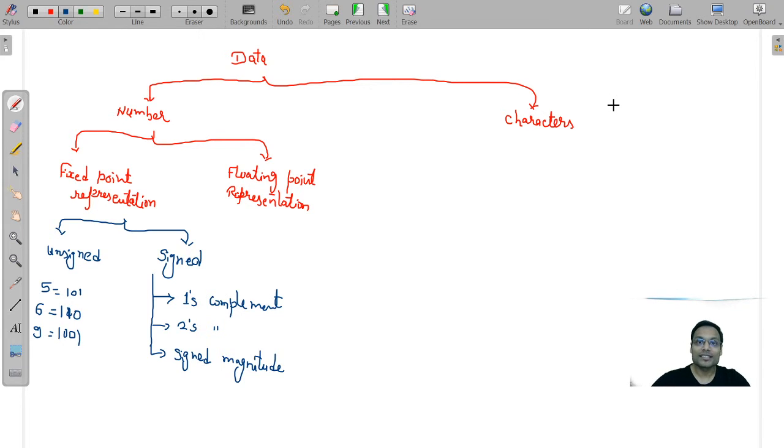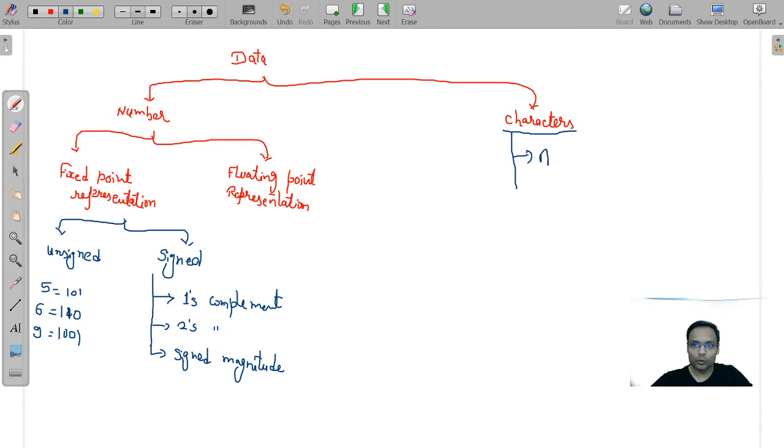ASCII, what is that? It's just a representation of characters in binary. You are students of computer science, you know what ASCII is. ASCII is one of the implementations of characters in binary.